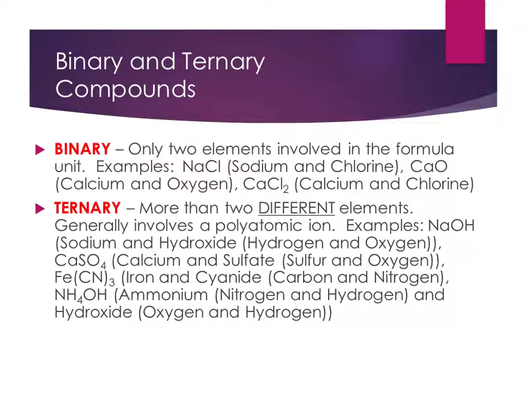Calcium sulfate consists of the calcium atom and the sulfate polyatomic ion, which consists of sulfur and oxygen. And then the second to last one is iron cyanide. We have the iron atom, and then the polyatomic ion cyanide, which contains carbon and nitrogen, etc. So a ternary has more than two different elements, and a binary has only two different elements.